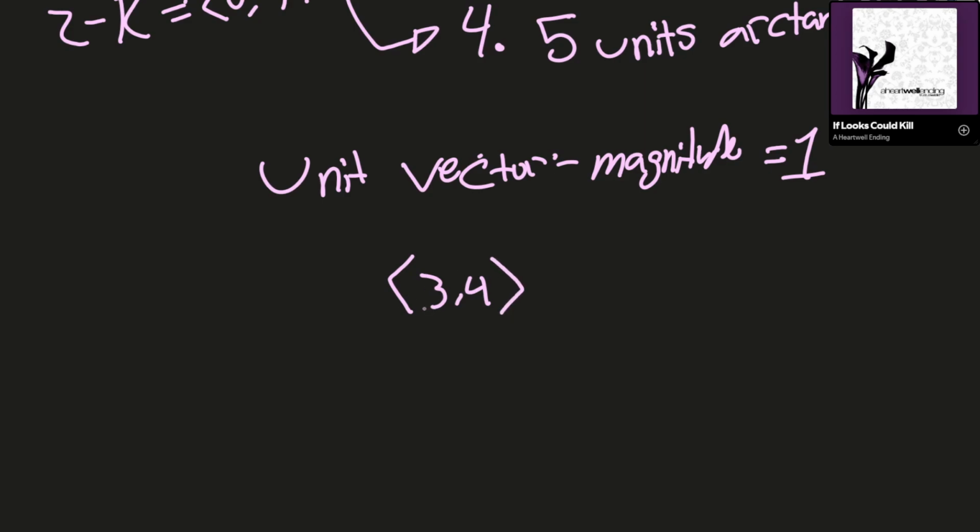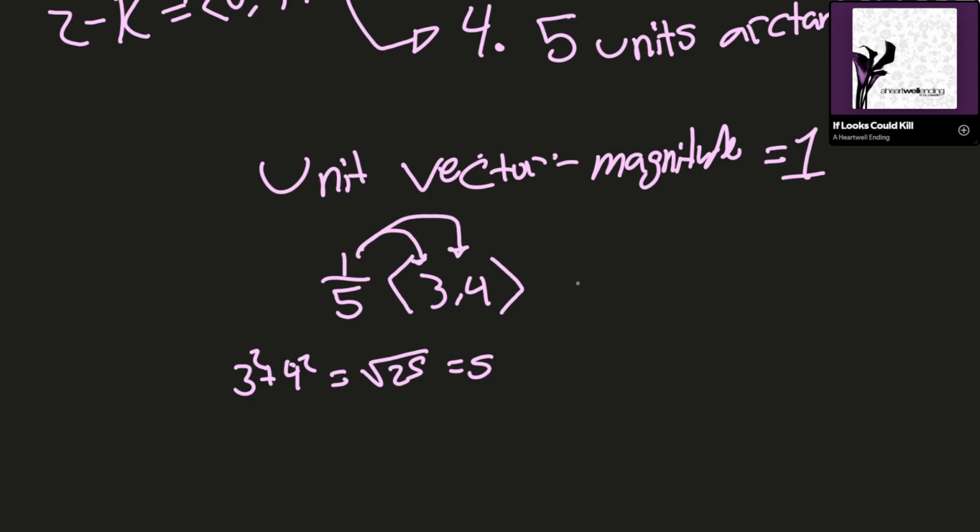First we find the magnitude, which we did earlier: 3 squared plus 4 squared equals radical 25 equals 5. Now that we have the magnitude, we can take its reciprocal, which is 1/5, and multiply that by both values, which would equal 3/5 and 4/5. When you take the magnitude of this, you'd end up getting 1, which therefore makes it a unit vector.